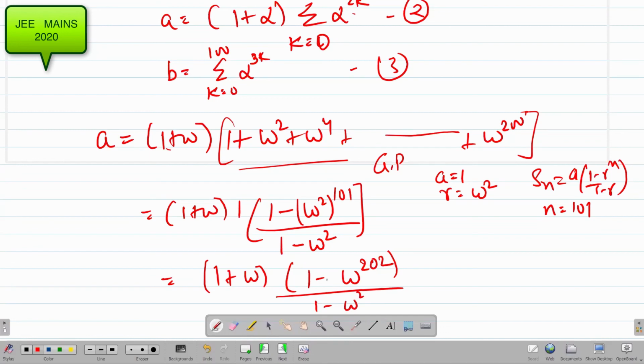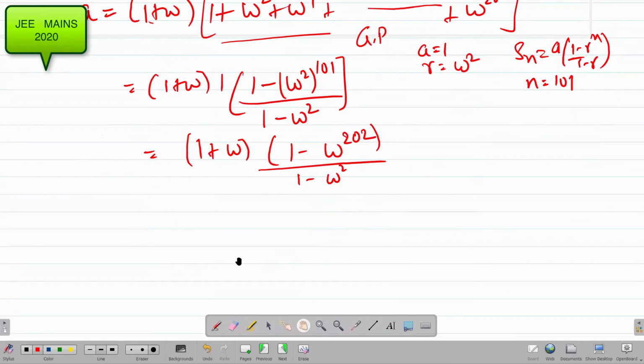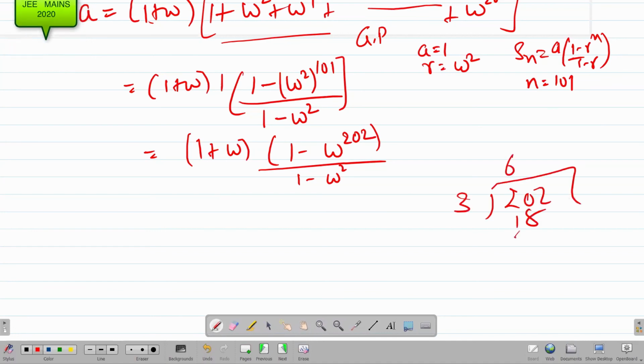And on dividing 202 by 3, we get remainder as 1. So we can check this. If I divide this 202 by 3, my remainder is 1.